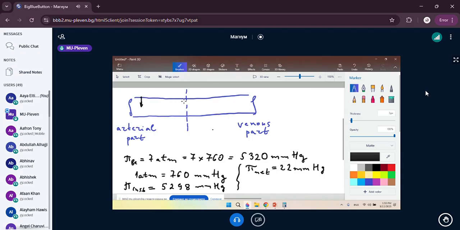So thus we've got one and the same value of 22 millimeters of mercury. I'm just writing 22, no space to write the unit for the osmotic pressure.